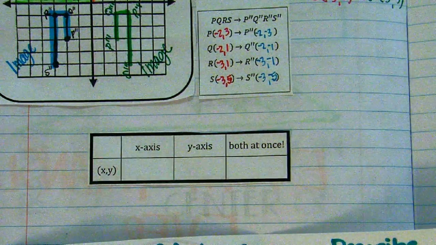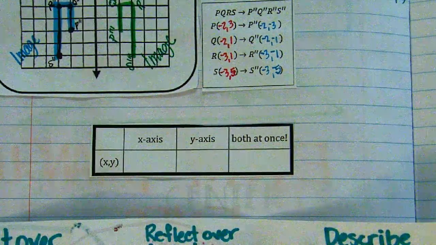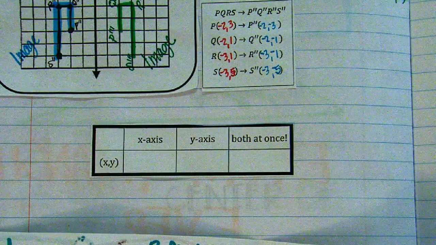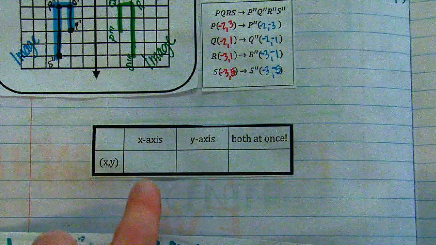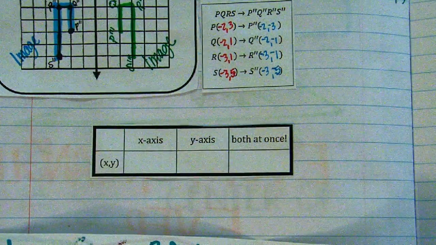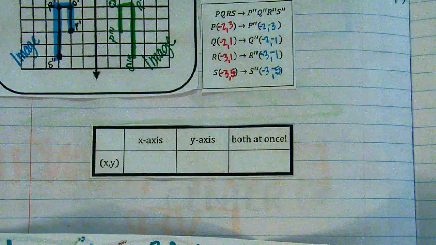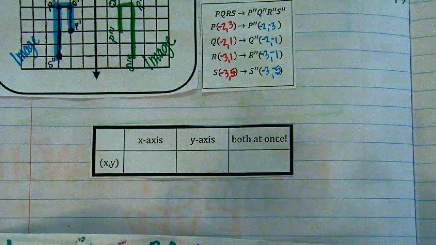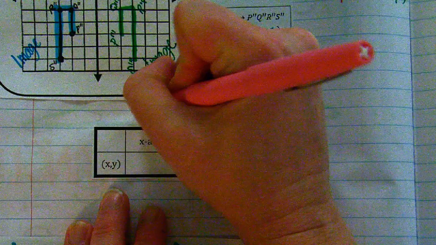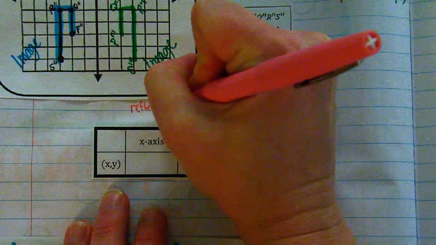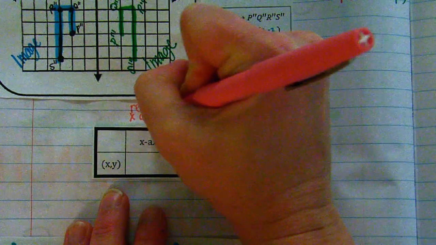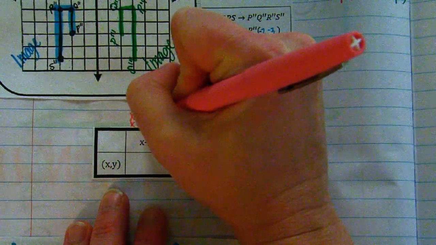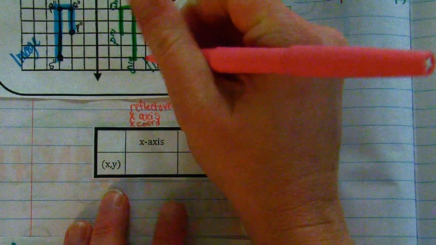So for that one, I want you to notice the things that happened when we reflect over the x-axis. And we talked about this in class on one of our lessons from Illustrative Math, how when we reflect over the x-axis, the x-coordinate remains the same.